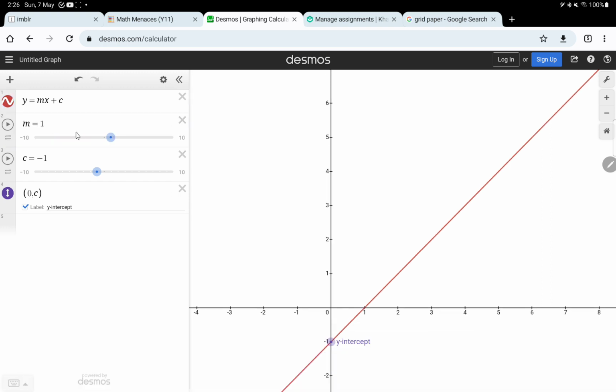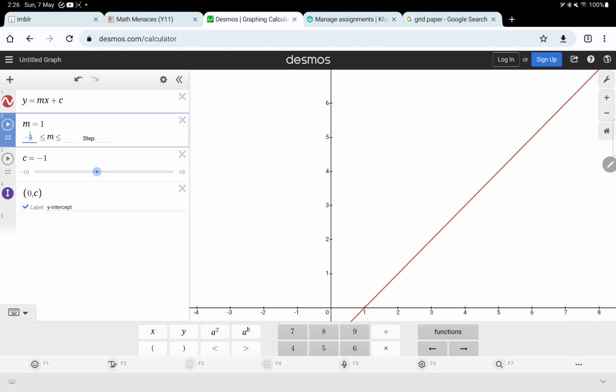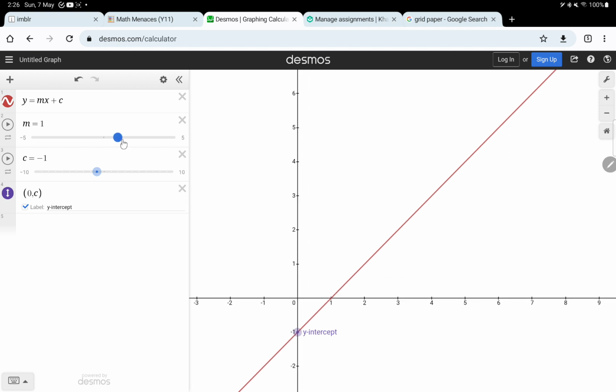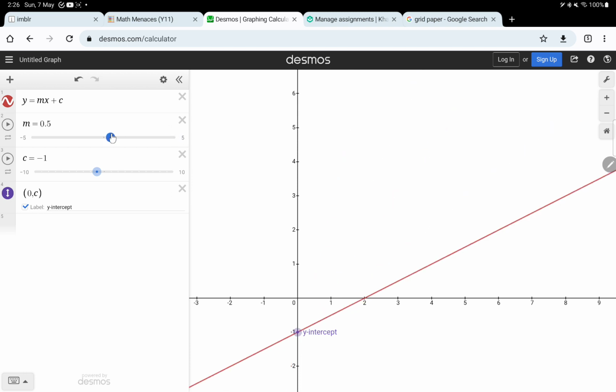So if you have a positive slope, let's say from -5 to 5, right now the slope is 1. If I increase the slope, what do you think? It's going to get steeper. When the slope is 5, it's a lot steeper than when the slope is 0.5.